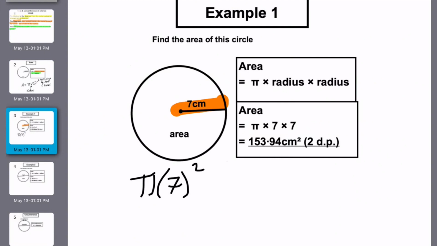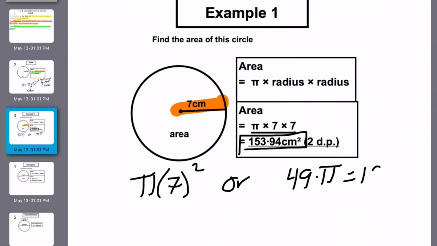So this is the same thing as pi times 7 squared, or pi times 49, which comes out to be 153.94 centimeters squared. Okay, let's try another one.